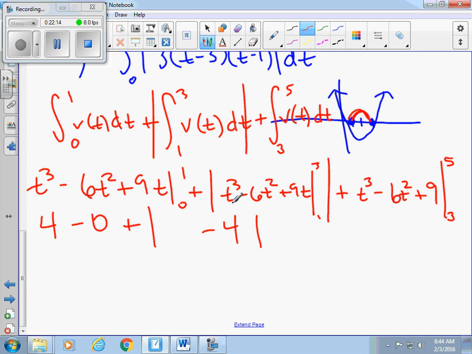Okay, plug in the 3. 3 cubed is 27. And write this down. You don't have to do it all in your head. 3 squared is 9. 9 times 6 is 54. 27 minus 54 is negative 27. Plus 27 is 0.